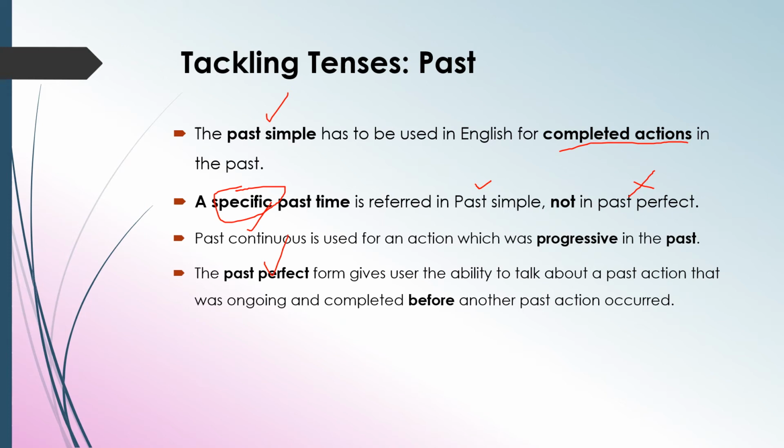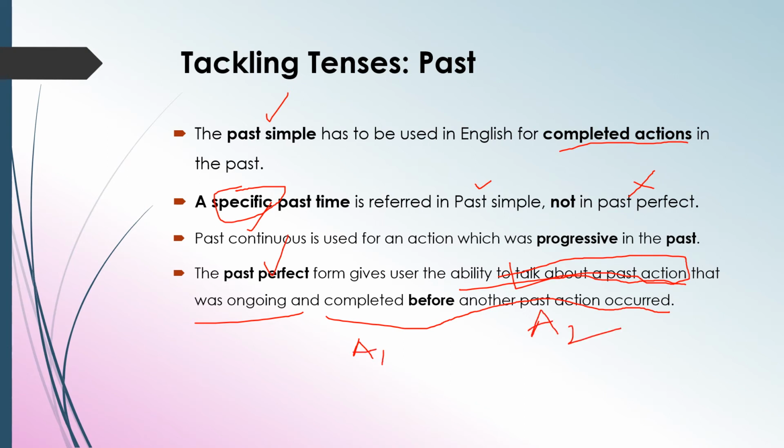And the past perfect form gives the user the ability to talk about a past action that was ongoing, that means that started in the past and continued in the past and completed before another past action occurred. So we are talking about two actions, action 1 and action 2.